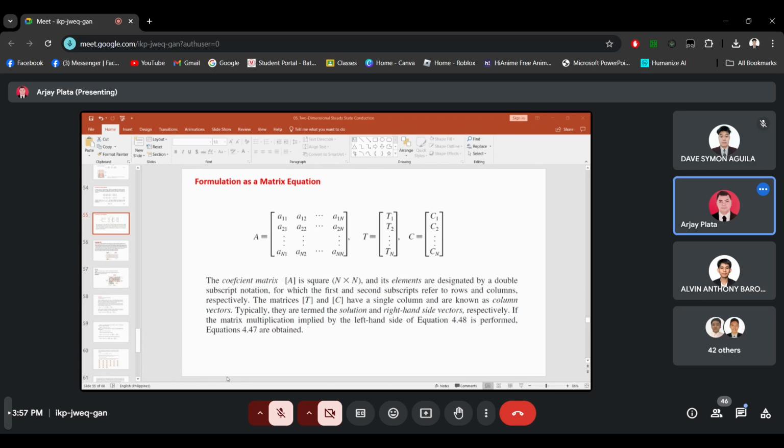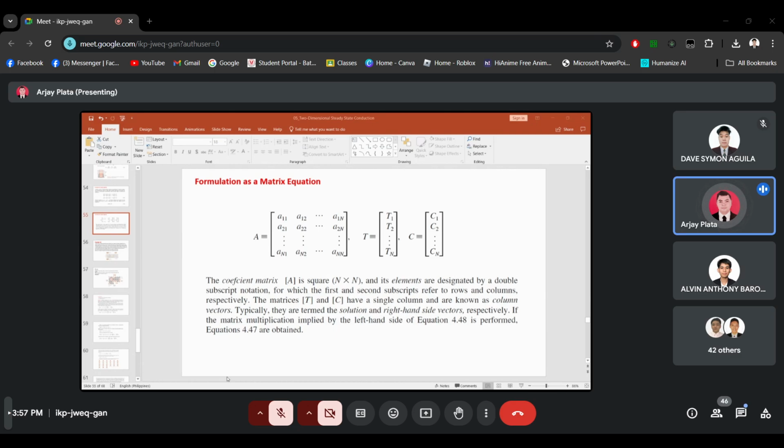We have four problems on the midterm exam. Every topic has a problem. So we have two-dimensional and one-dimensional heat transfer. Bale sir, lahat po ng exam po ay problem solving po. Yes, so far, problem solving lahat. Hindi ko sure kung babaguhin ni ma'am.